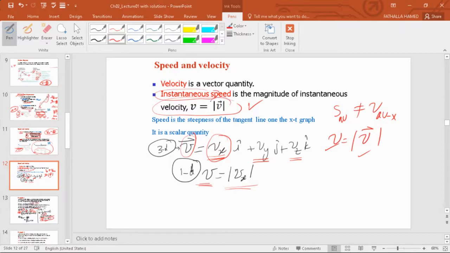It is the absolute value of your velocity. Your velocity could be positive or negative, but your speed is always positive. It just gives me the magnitude. So the speed is the magnitude of velocity, but in this case it is the instantaneous.